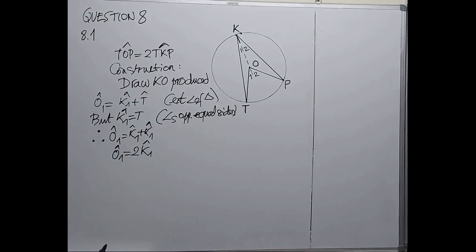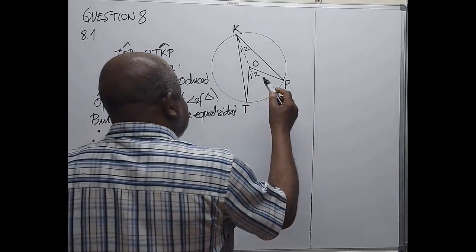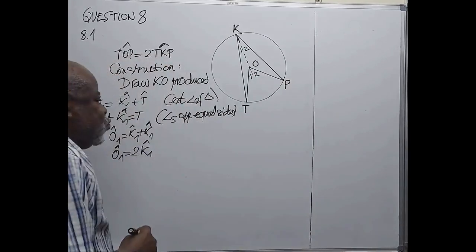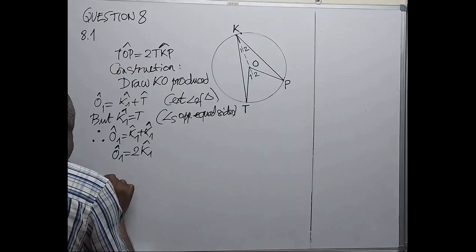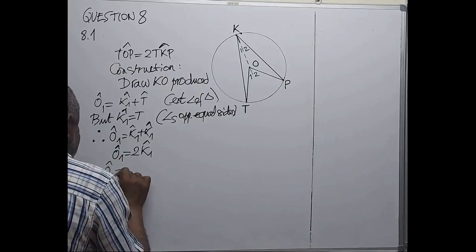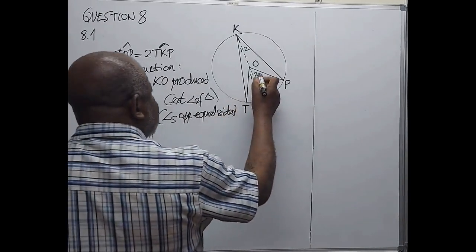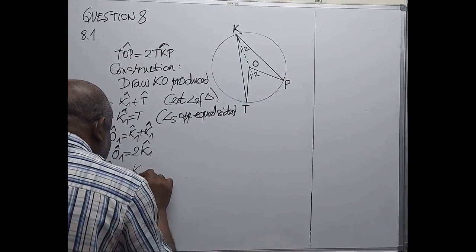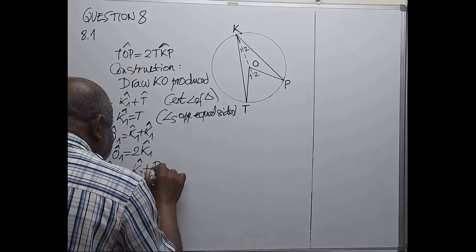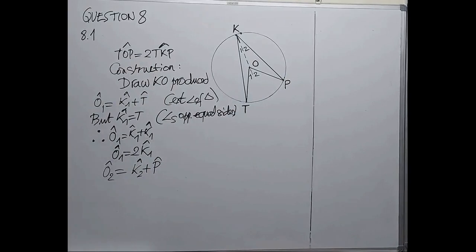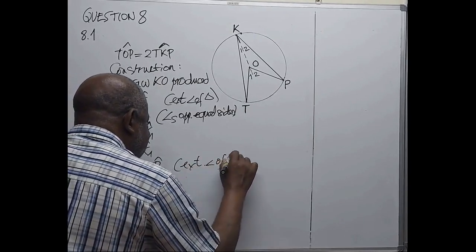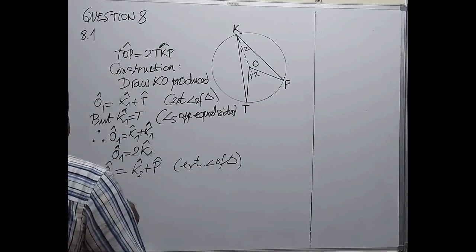We are not yet there, so we consider this other side of the chord. This side is going to be O2, and we do the same. O2 is equal to K2 plus P, for the same reason, exterior angle of a triangle.